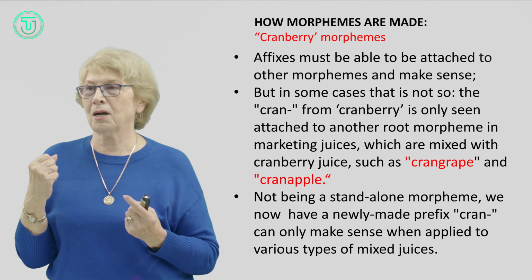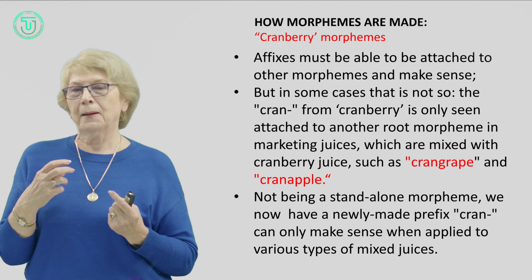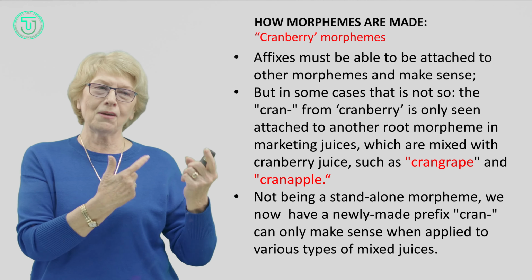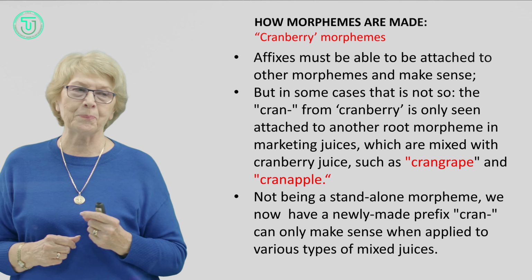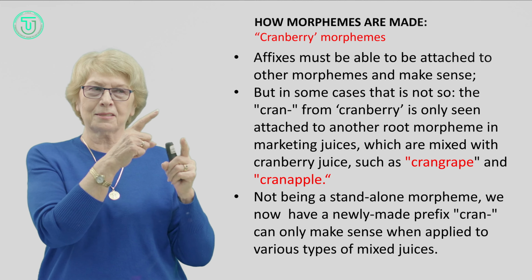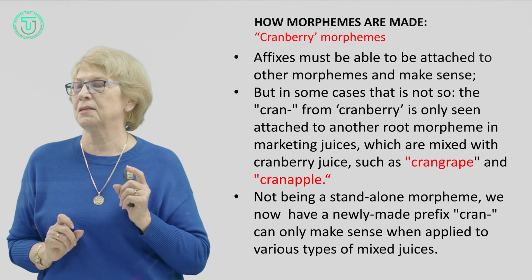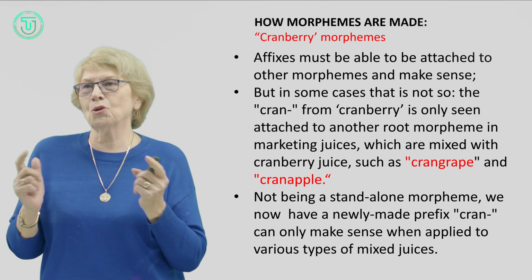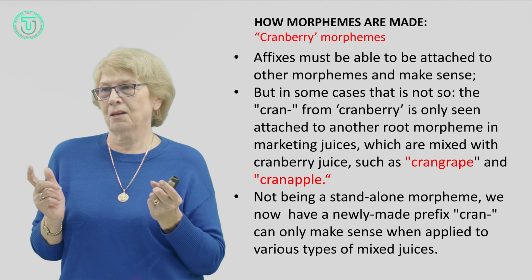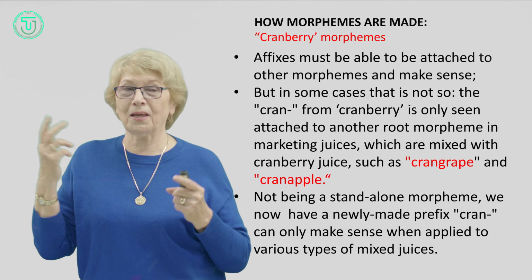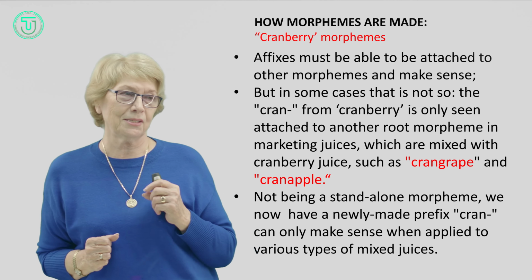Normally we are attracted by unusual names of the goods, right? And a very clever marketing step was made. This is an artificially made affix, cran. Okay, because cran does not exist in English separately. There is a word crane, but cranes are birds. They have nothing to do with berries, right?